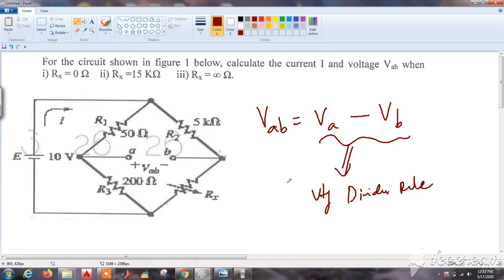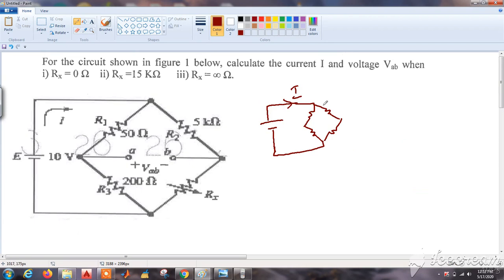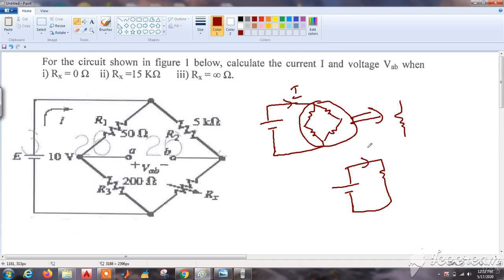For the current, we have simplified the equivalent resistance into one single resistance so that the circuit became like this, and we found the current by Ohm's law, that is V is equal to I into R. Here V is E, so E is equal to I into R, so I is equal to E by R.